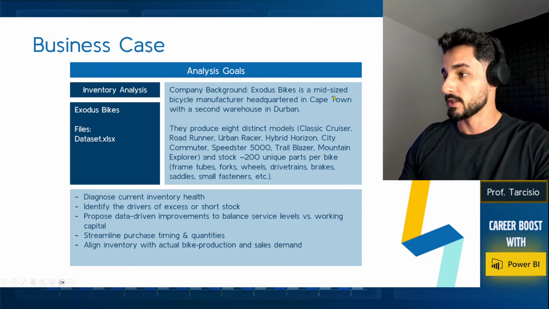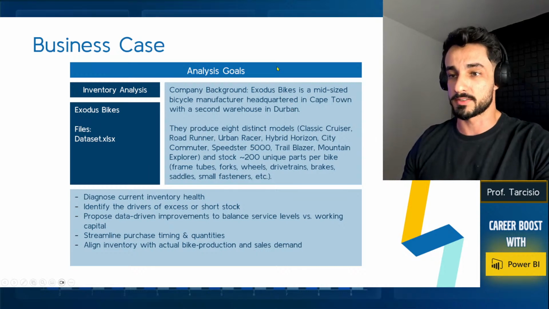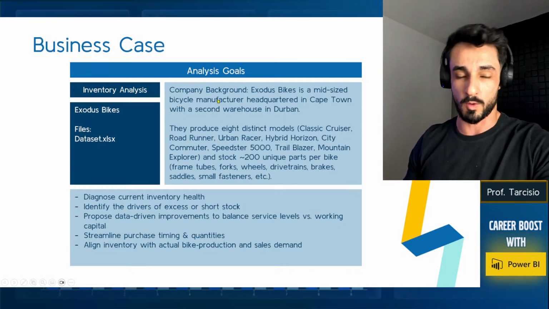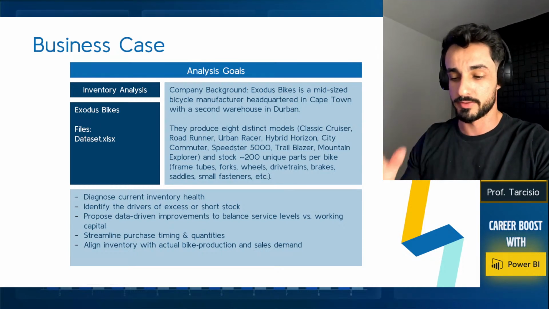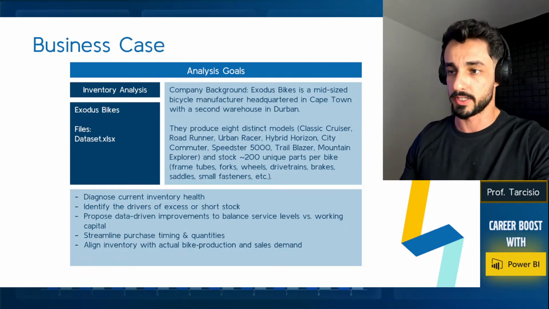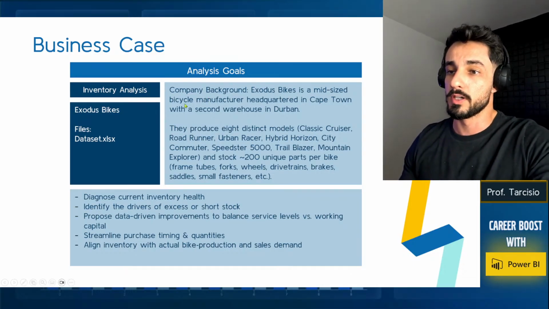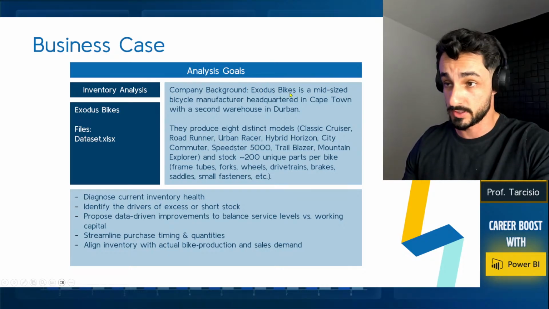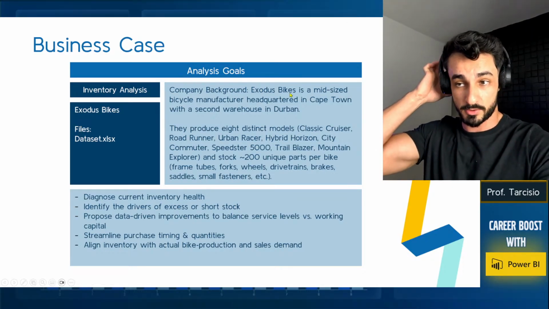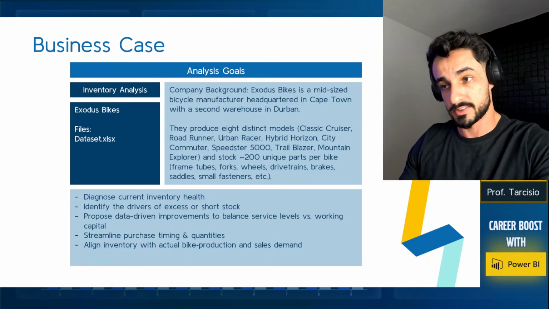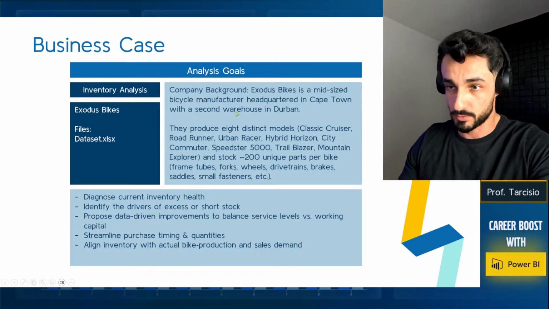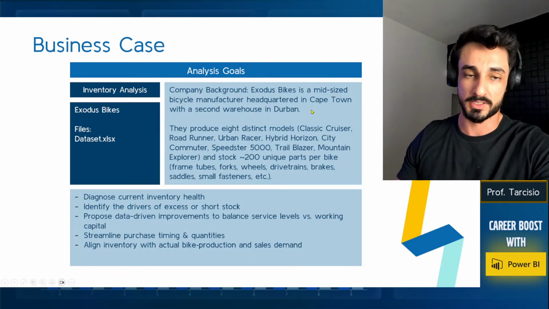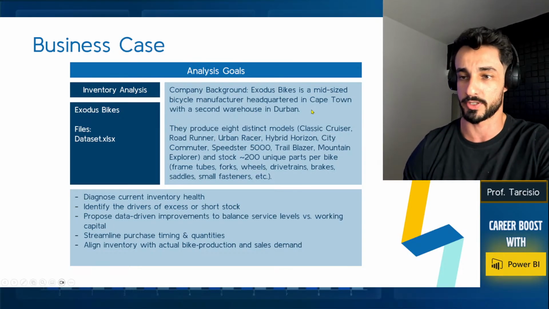Perfect. So let's start talking about this company overall to give you the context that we have here. Now, we have this company that is Exodus Bikes. The company background: it's a mid-sized bicycle manufacturer, headquartered in Cape Town with a second warehouse in Durban. This means it's from South Africa.